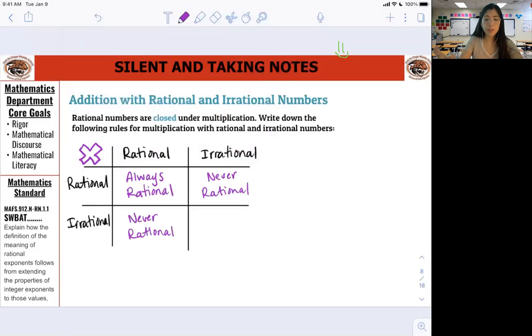And then irrational times irrational sometimes is rational, sometimes it's irrational, so we're just going to write sometimes rational. It's the same exact rules for addition as multiplication. I just realized this should say multiplication. My bad.